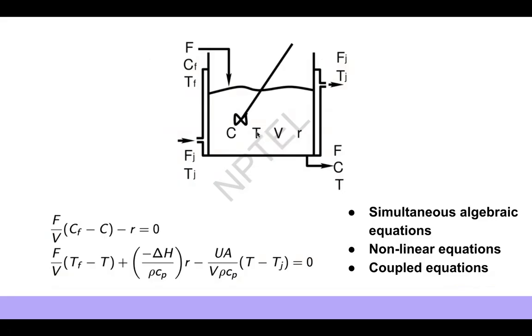Basically, when you start a reactor, imagine you have just started the reactor and the coolant fluid has started flowing. Initially this whole system will not have attained an equilibrium temperature or equilibrium concentration, because the reaction has just started and the coolant is at some other temperature value.